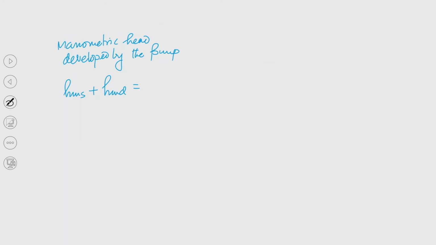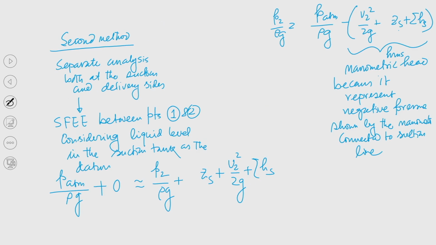So, basically the manometric head is nothing but, you can understand, V2 square by 2g. So, this is negative, right, you try to understand.